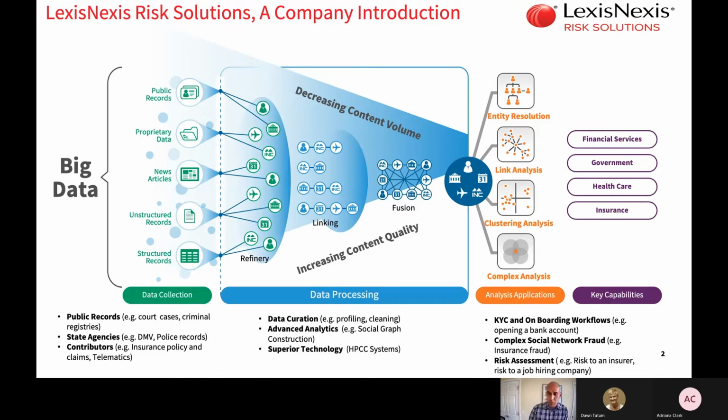One of the key vertical markets that we serve is the financial services vertical market. If you go and open an account in a bank, how does the bank know that you're a reliable customer? How does the government know that you're not a fraudster? How does a pharmacy in the healthcare space know that the prescription you're refilling is not for fraudulent use?